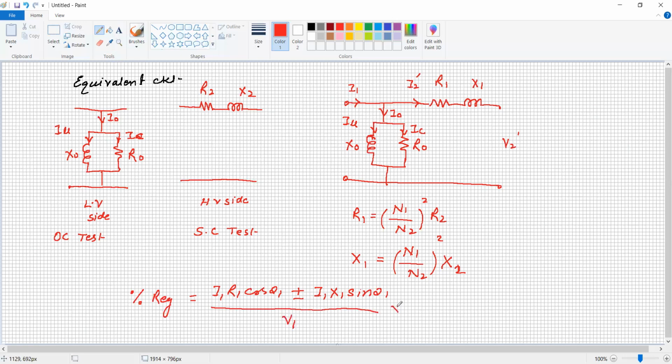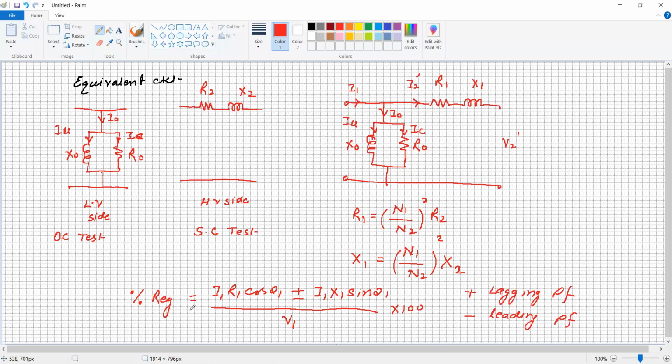So the positive sign is for lagging power factor, whereas the negative sign is for leading power factor. At unity power factor, sin theta becomes 0, so only I1 R1 divided by V1 into 100.